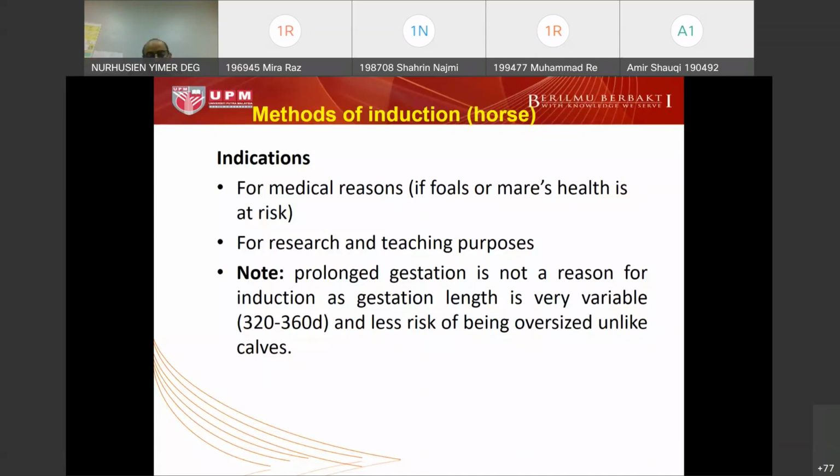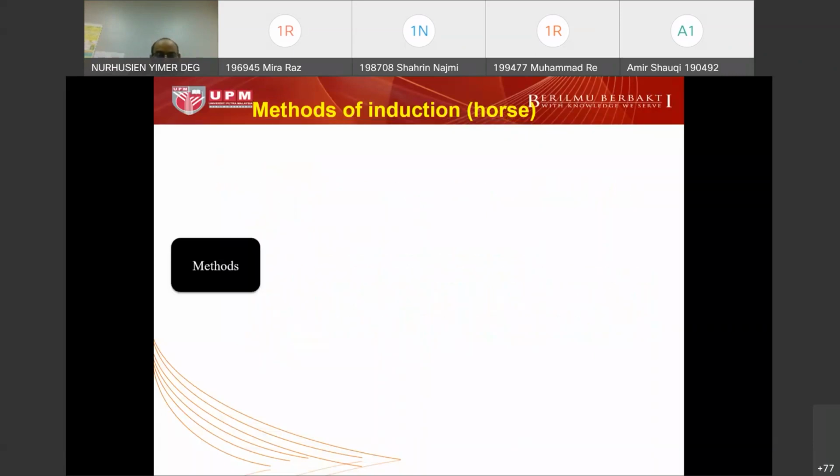So there is a limited growth stage in the fetus. So even though the gestation period is prolonged, we don't see the risk of having an oversized fetus in the end. So with this condition, we don't have to consider gestation period as our criterion to decide whether we need to induce parturition in the mare or not.